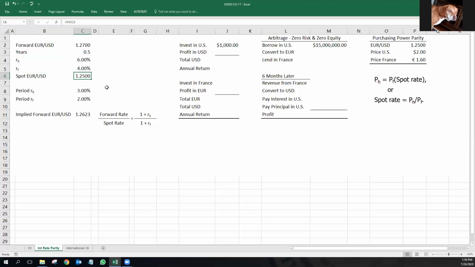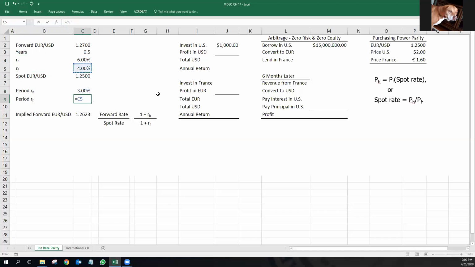These two are the annual rates, so let's first convert them to the 6-month percentage. The 6% of the home country times 0.5 years, so every 6 months is 3%.